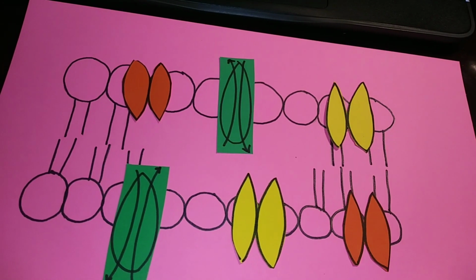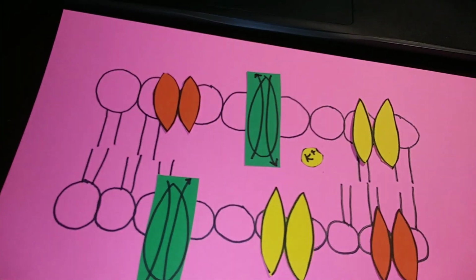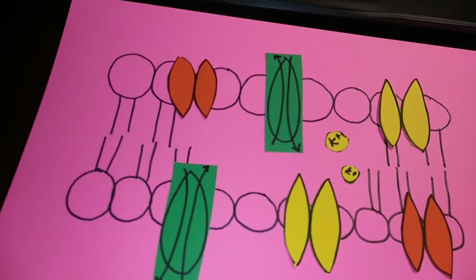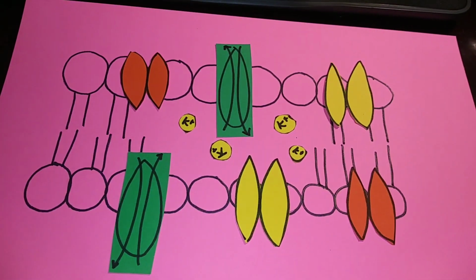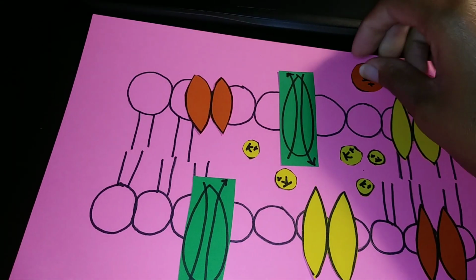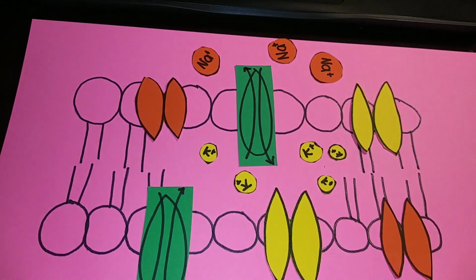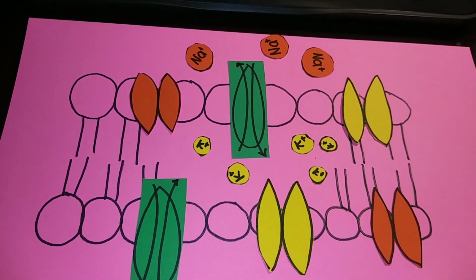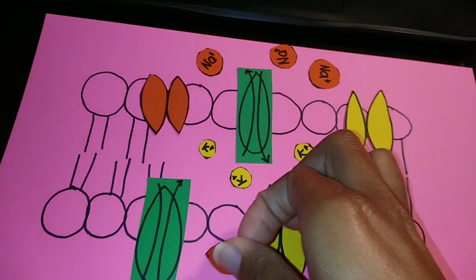Now, just to know where the molecules go, K plus, or potassium, goes on the inside. There are a lot of potassiums on the inside, and the sodiums go on the outside of the neuron or the membrane.